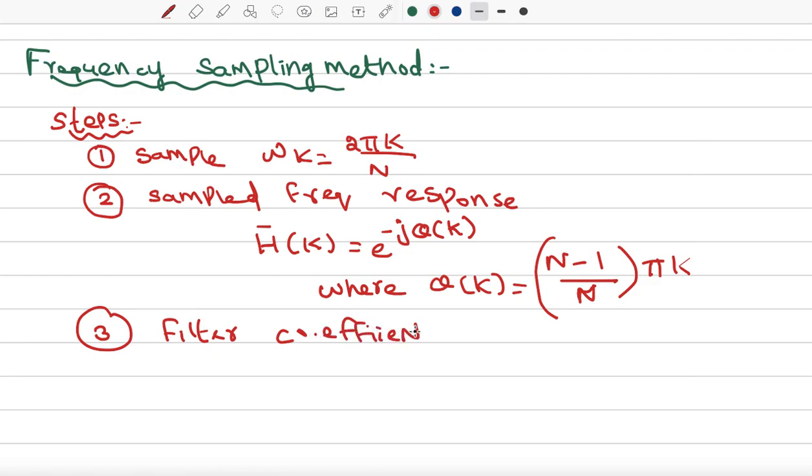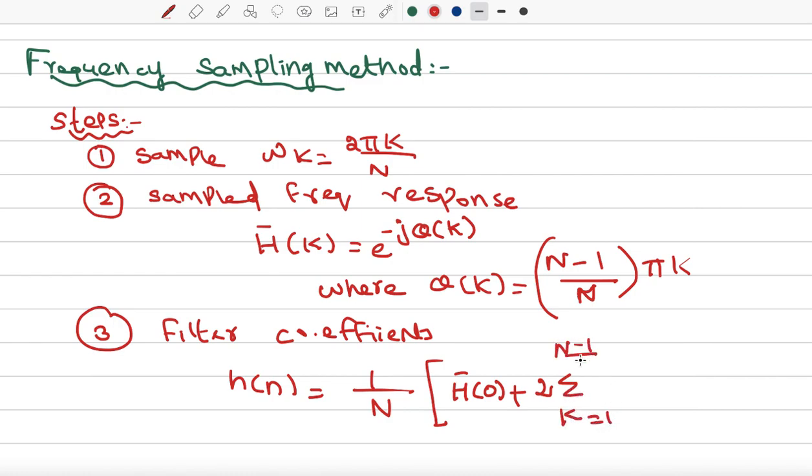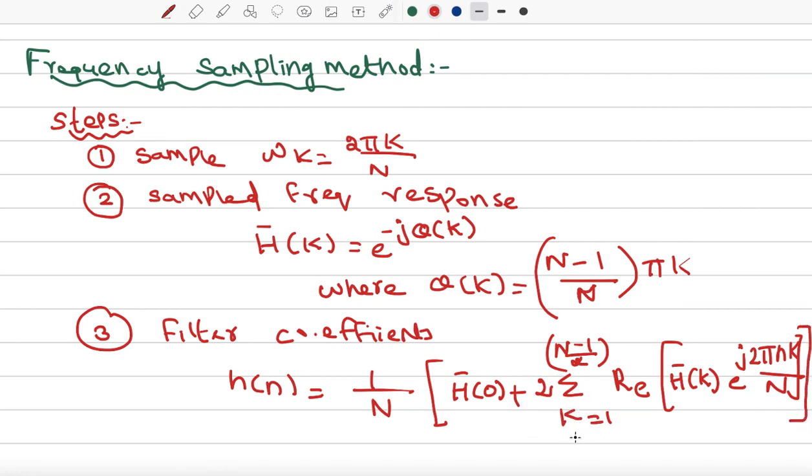And the third step, the filter coefficients are given by h of n equal to 1 by N into H hat of 0 plus 2 into summation k equal to 1 to (N minus 1) by 2 of real part of H hat of k into e power j 2 pi n k by N. So the filter coefficient is identified by using the third step.